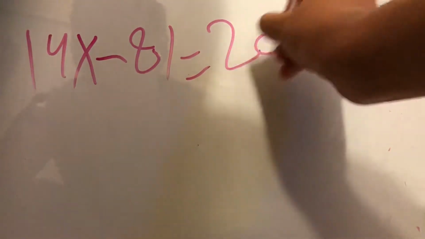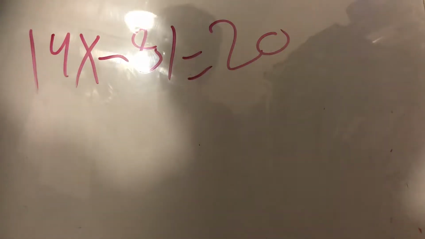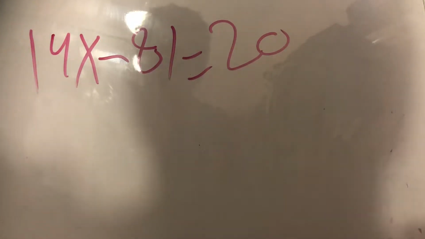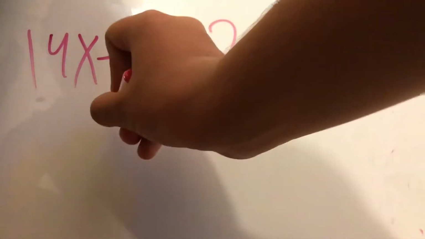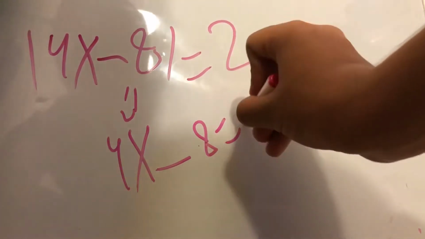We're gonna say |4x - 8| = 20. That is one. For this question we have two solutions. How? I'm gonna show it to you. At first we can rewrite the equation: 4x - 8 = 20.